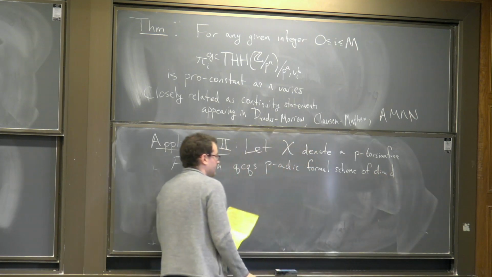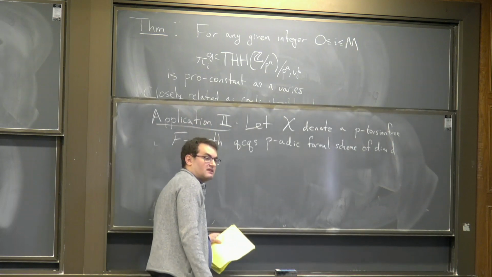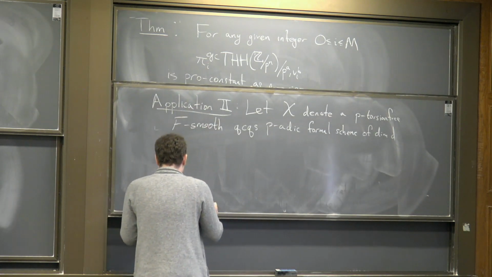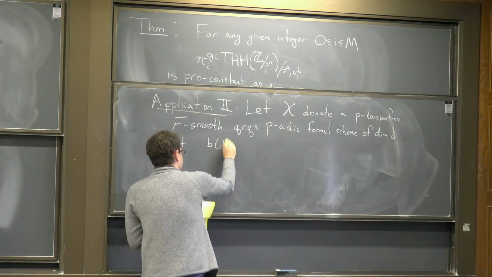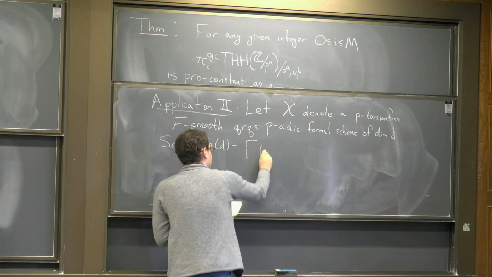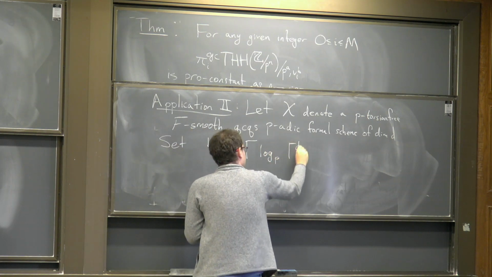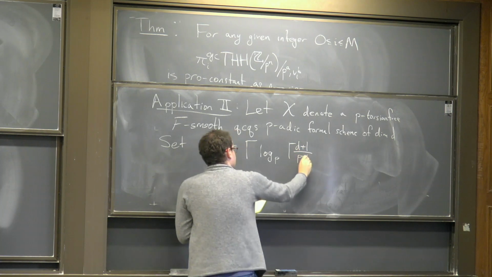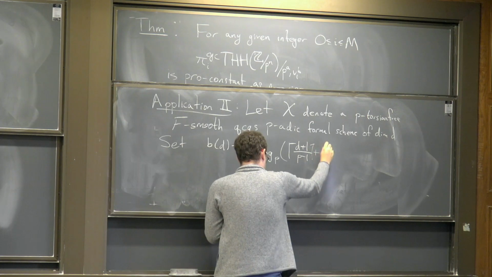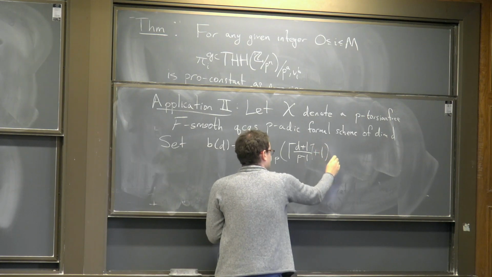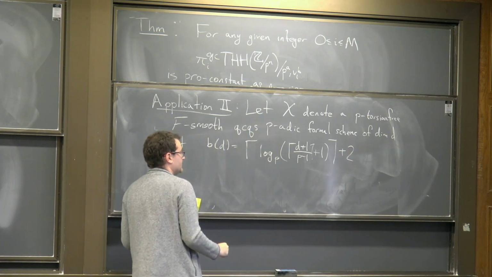So by that I mean the Krull dimension of the special fibers. And so we could set b of d to be some quantity like the ceiling of the log base p of the ceiling of (d plus 1) over (p minus 1), plus 1, ceiling, plus 2. Okay, so some number depending on the dimension and the prime.